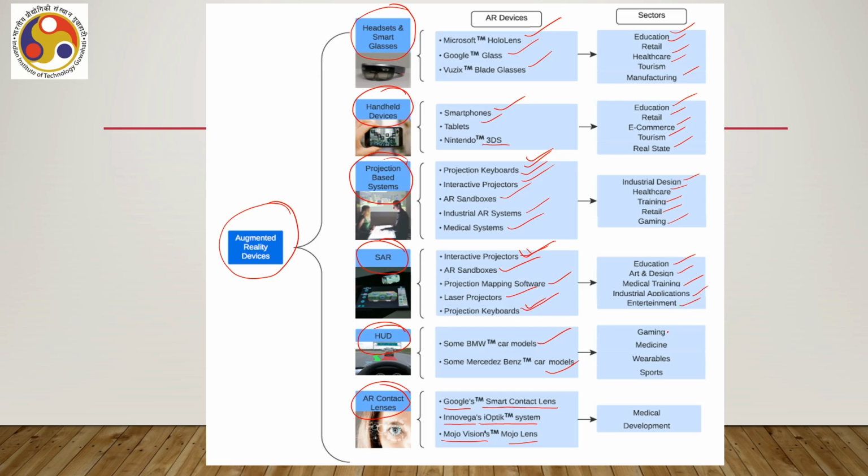Head-up displays can be part of gaming experience, medicine, wearables, sports. AR contact lenses can have application in medical development. So, different application areas are there. Many categories are common to all the application areas, some are uniquely placed. Let us have a quick look at each of these technology categories.